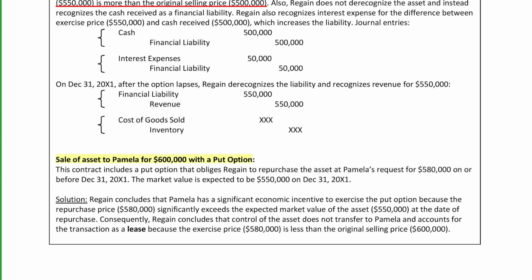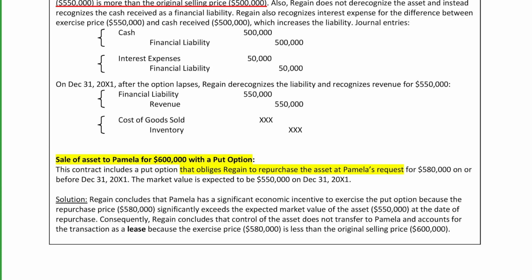Sale of asset to Pamela for $600,000 with a put option that obliges Regain to repurchase the asset at Pamela's request. So here Pamela has a right to give back the asset to Regain for $580,000 on or before December 31st.